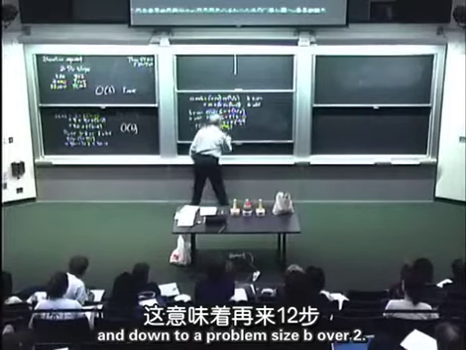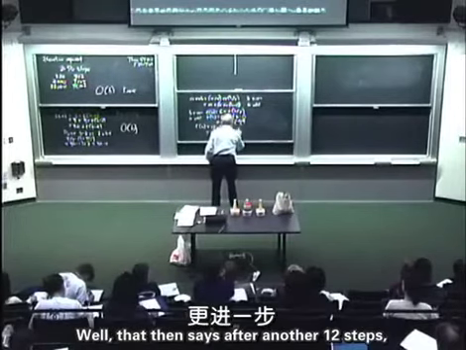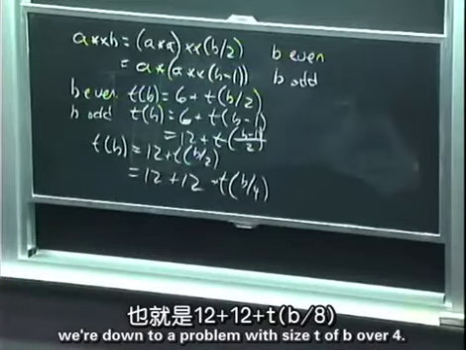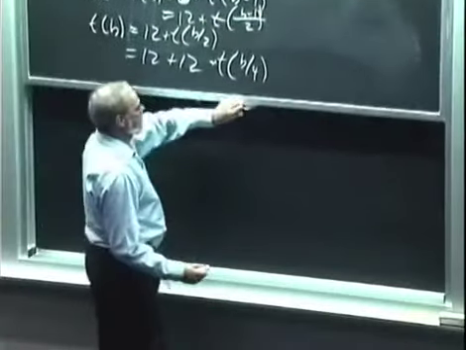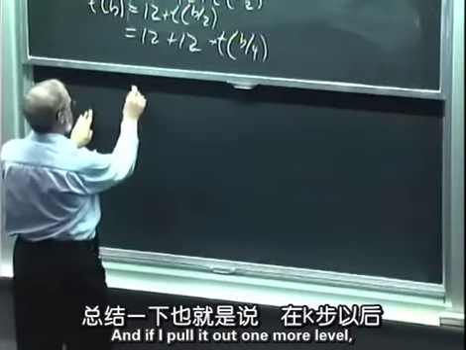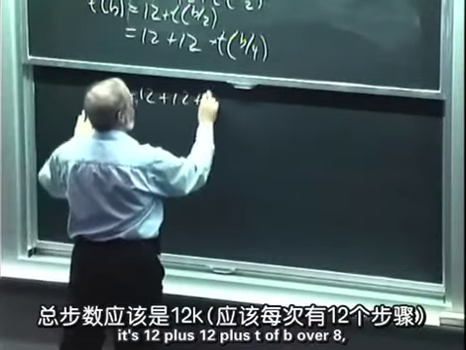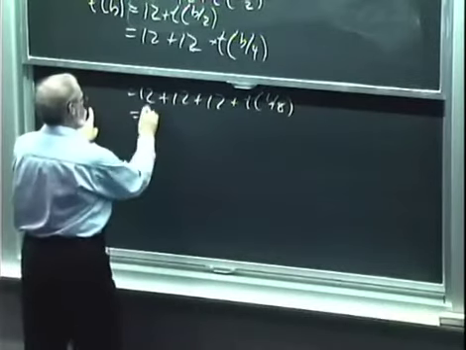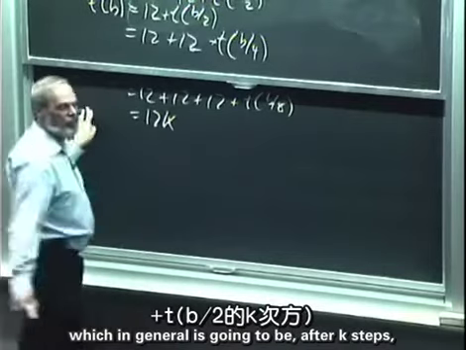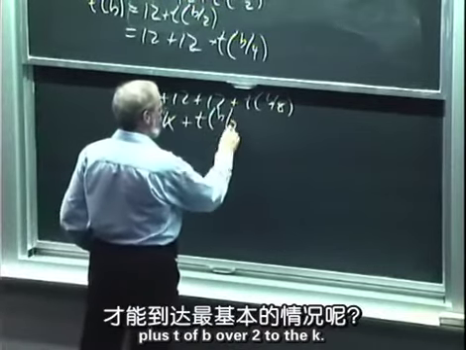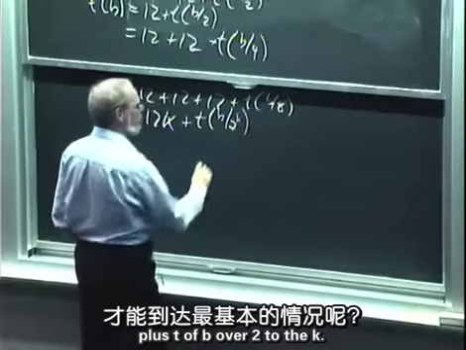Well, that then says after another 12 steps, I'm down to a problem size T of b over 4. And if I pull it out one more level, it's 12 plus T of b over 8, which in general is going to be, after k steps, 12k, because I'll have 12 of those to add up, plus T of b over 2 to the k.